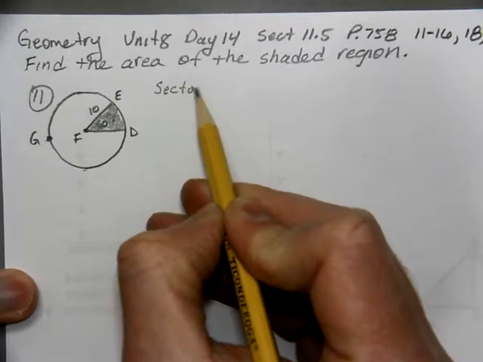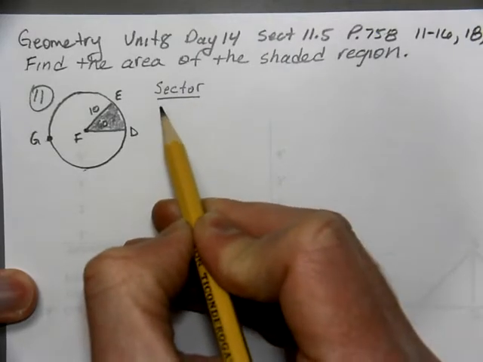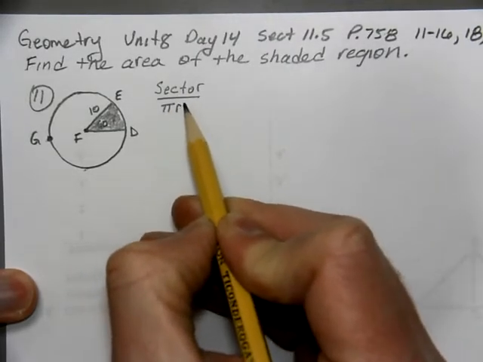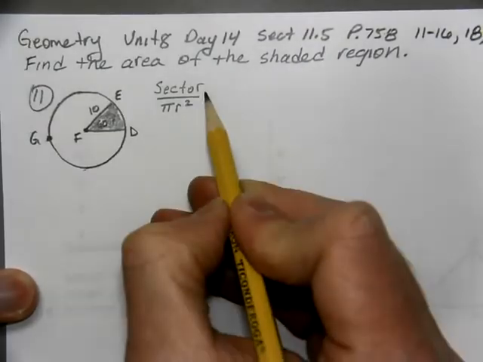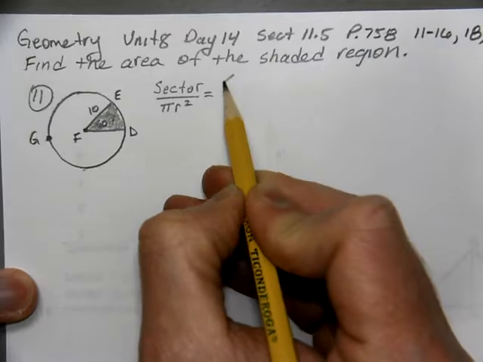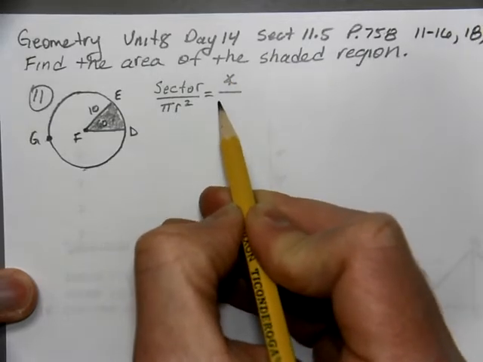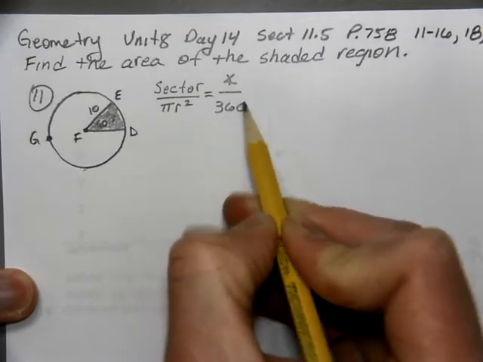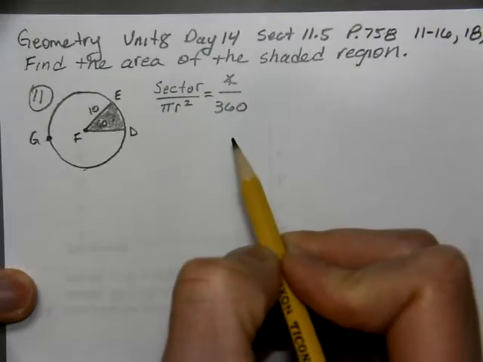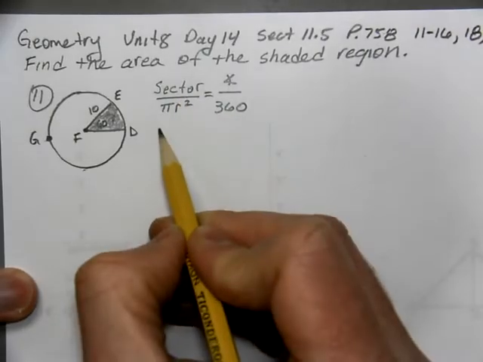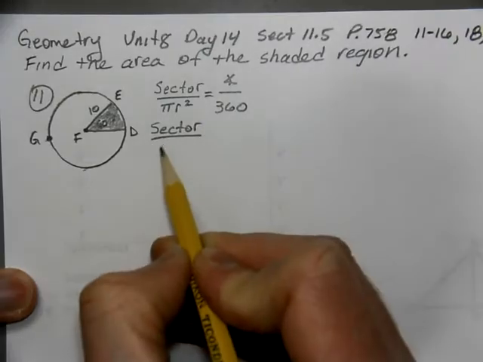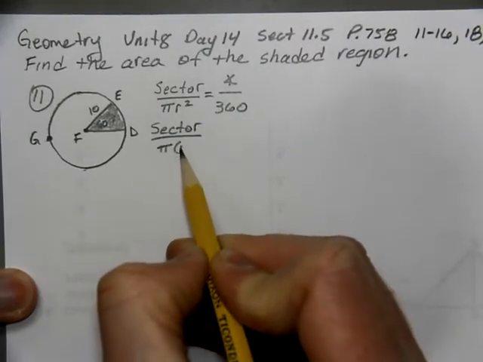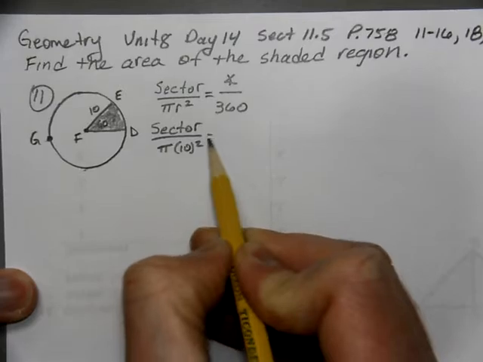to find the sector area, we're going to take the sector and divide by the area of the circle, pi r squared, and set that equal to the central angle over 360. Those ratios are equal. So we're looking for the sector area. The radius in this case is 10.